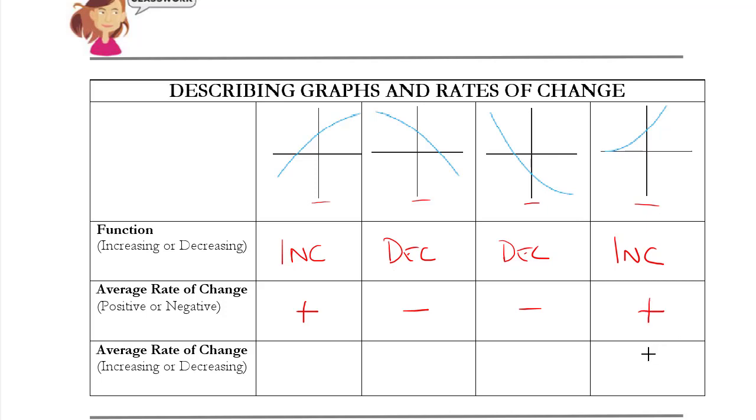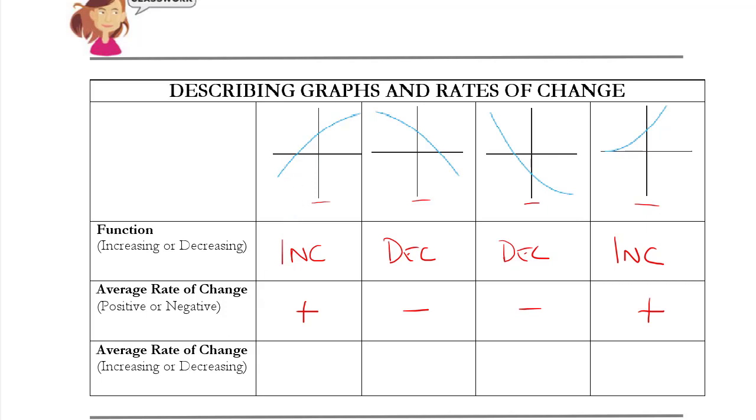So that's pretty straightforward. So if we want to ask, how is the rate of change itself changing? This is the idea of sort of upping it from velocity to acceleration. Is the rate of change itself increasing or decreasing? So one way to make sense of this, and then I'll show you a trick, is to consider 2 average rates of change as we trace the graph from left to right.